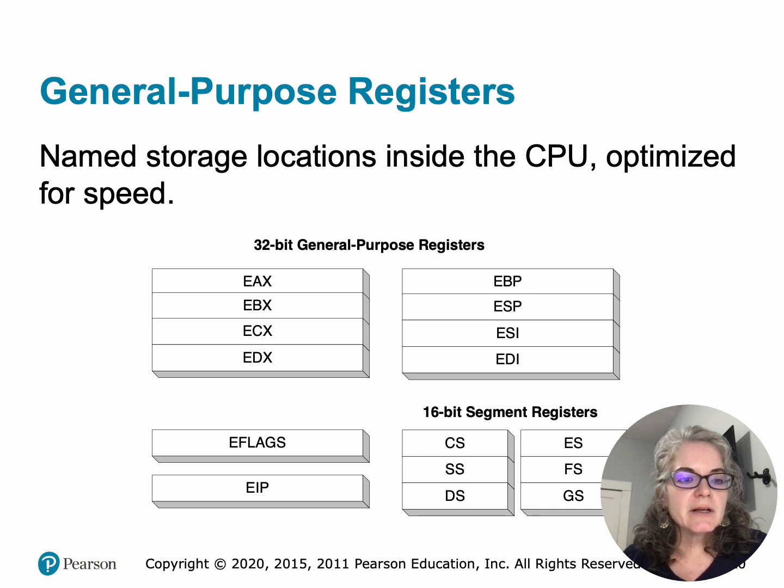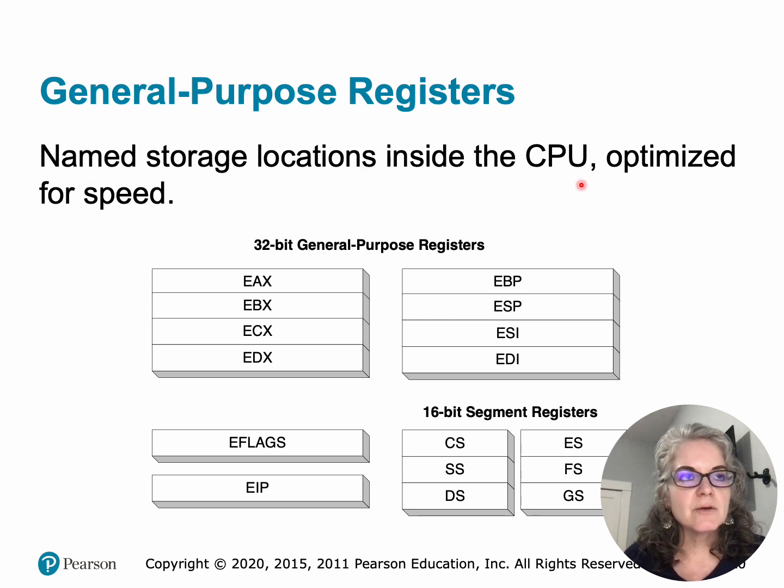Okay, in this slide, we're going to look at the general purpose registers. I have more details on the next slides. So the general purpose registers are named storage locations inside the CPU.